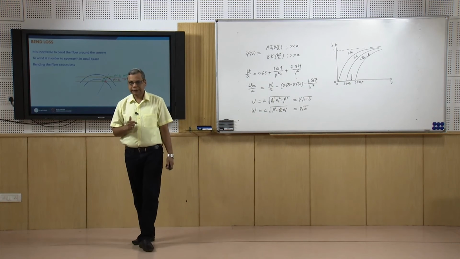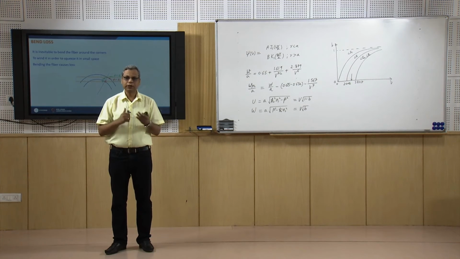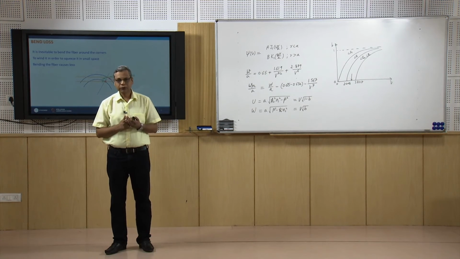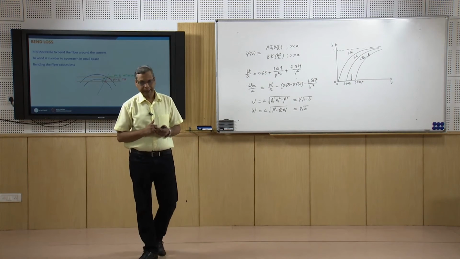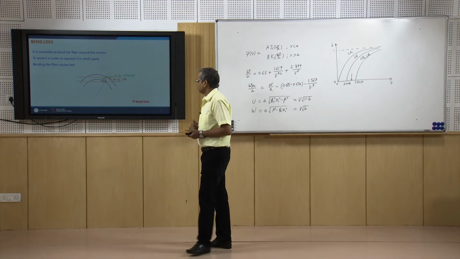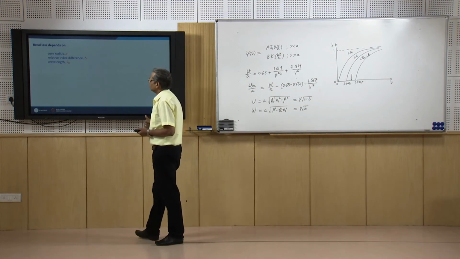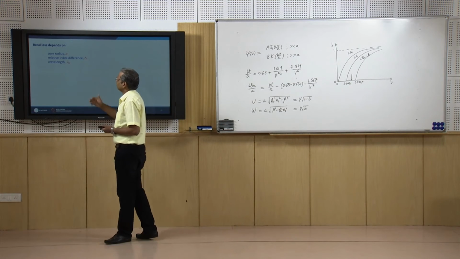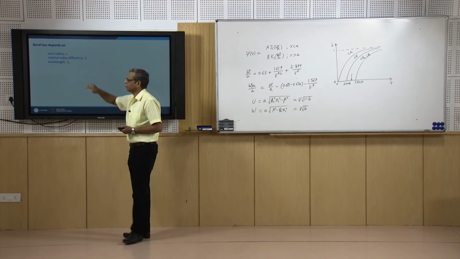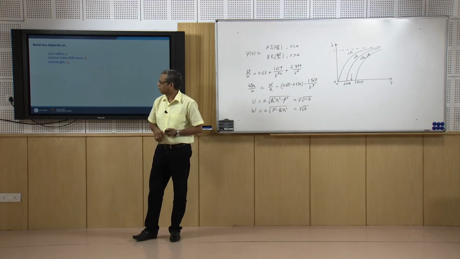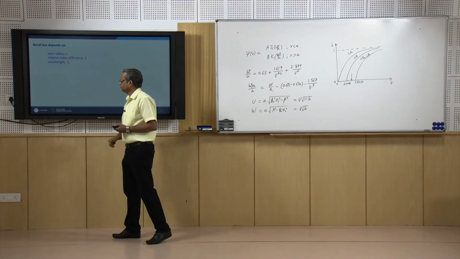So I can also understand it this way: if the mode is close to cutoff, then the fiber is more sensitive to bending. The bend loss of the fiber depends upon various parameters like core radius A, relative index difference between the core and the cladding, delta, and wavelength lambda naught.